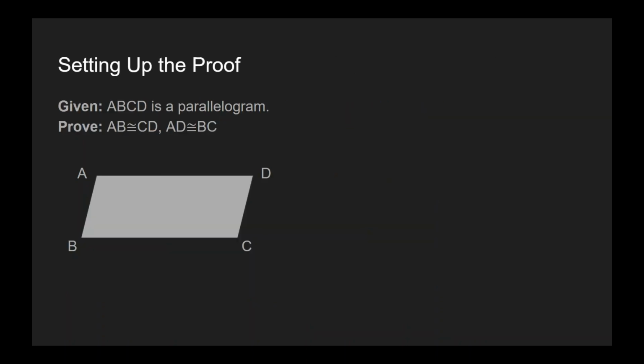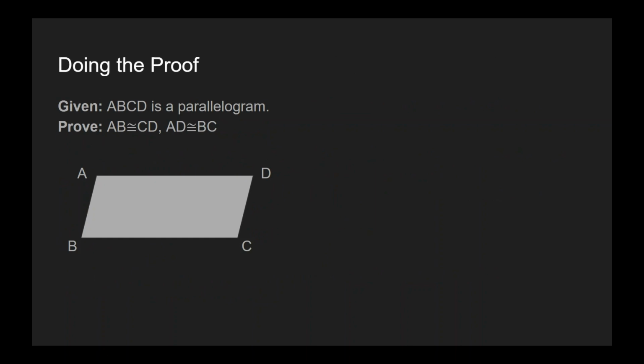So once again, we've got ABCD as a parallelogram. That's the given information that we start with. We're going to prove AB is congruent to CD and AD is congruent to BC. So that's both pairs of opposite sides being congruent.